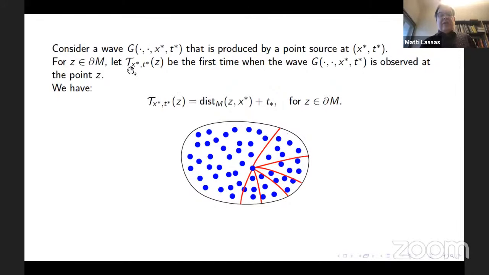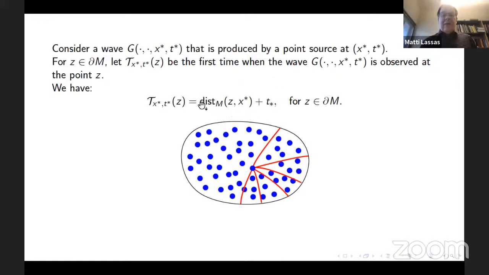So let this function T(x star, t star, z) be the first time when the wave produced by a point source is observed at this boundary point. What is it? It is the travel time from the source point to the boundary point, plus the time when the point source went off.